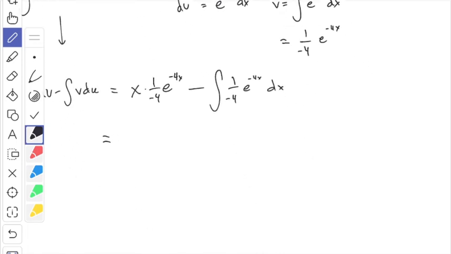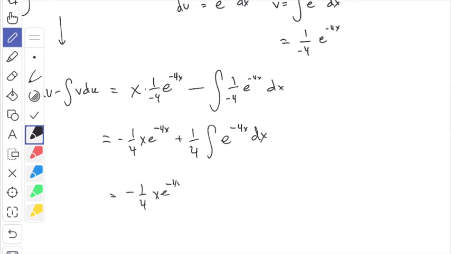So this becomes negative 1/4 x e to the minus 4x, and then plus 1/4 integral e to the minus 4x dx. And I do the integral again using the same formula that I used before. Minus 1/4 x e to the minus 4x plus 1/4 times minus 1/4 e to the minus 4x. That's the answer. I hope you got something like that.